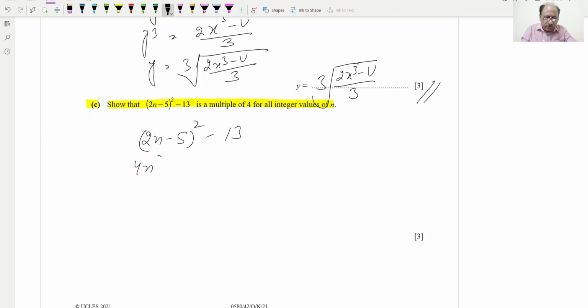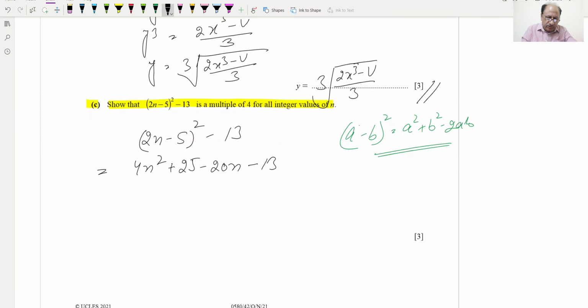The formula we will be using is a minus b whole squared equals a squared plus b squared minus 2ab. So a squared, 2n whole squared, will be 4n squared, plus 5 squared will be 25, and minus 2ab will be 2 into 5, which is 10, 10 into 2 will be 20, so 20n, and minus 13.